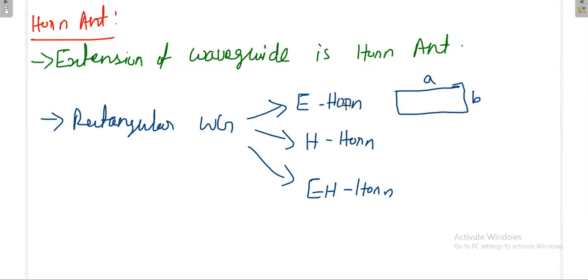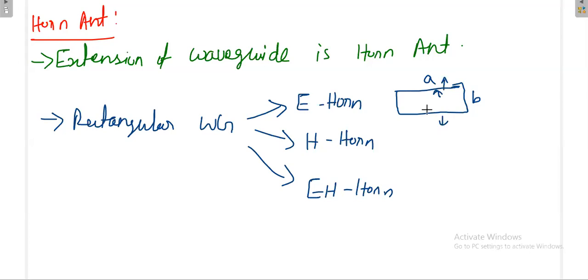Then you make a flaring in such a way that your E remains constant. Again, I cannot draw it here, that's a little bit difficult, but please imagine I take this side up and this side down, but I am not changing the other sides.